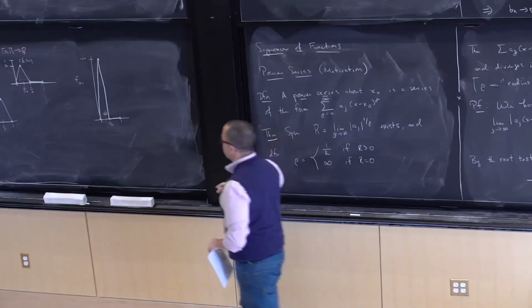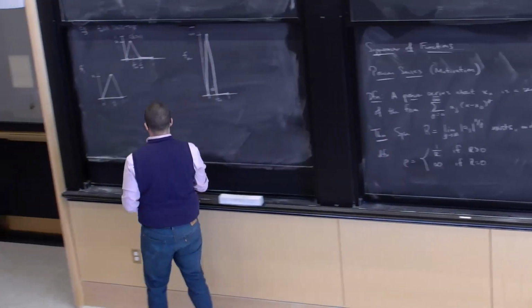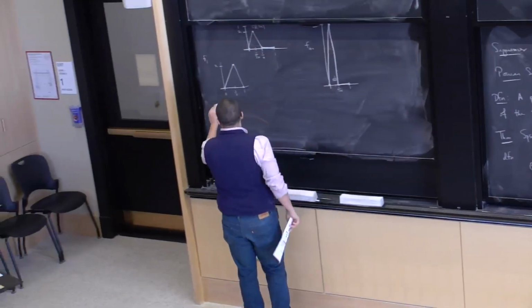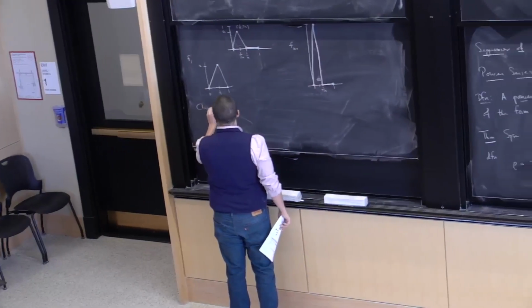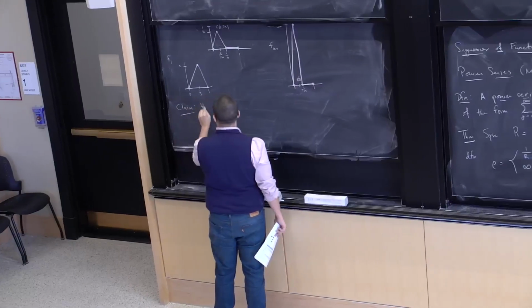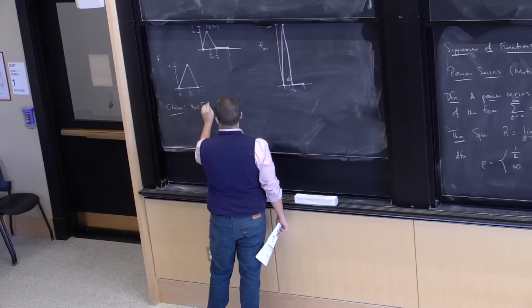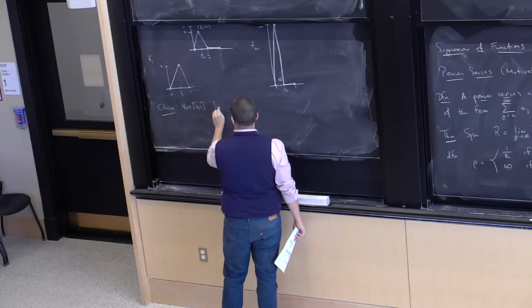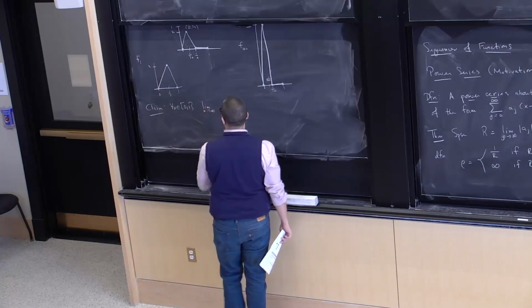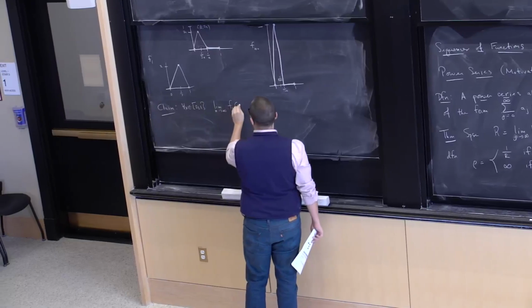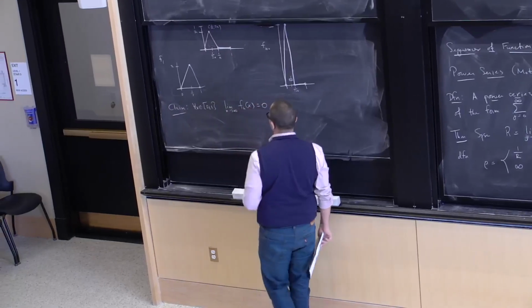Okay. And so my claim is that for all x in [0, 1], the limit as n goes to infinity of fn of x equals 0.